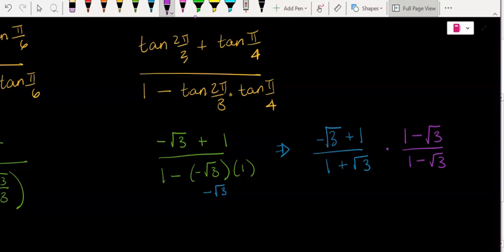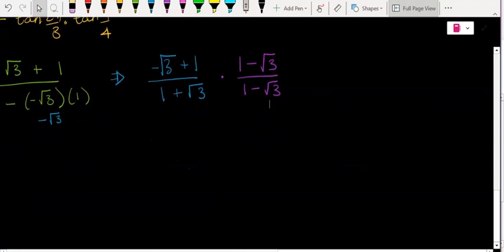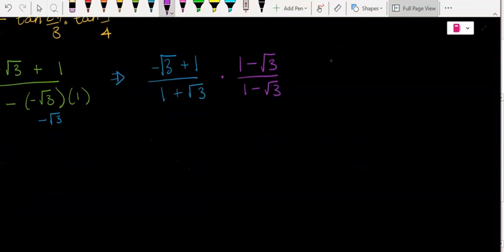Simply because if I FOIL this out, the square root 3 is going to cancel out in the denominator, and it's going to bring it up top. So let's go ahead and do that. If I take the numerator and FOIL it, I'm going to do negative square root 3 times 1, so that's going to get me negative square root 3.